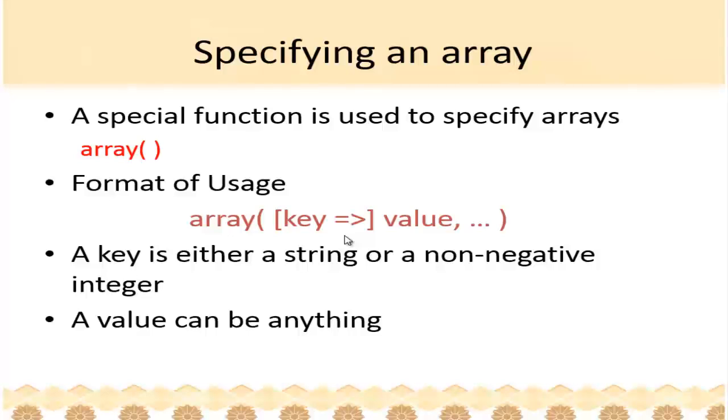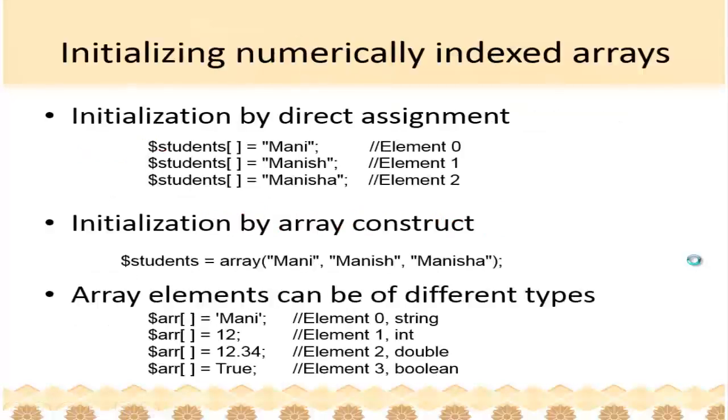So let's look at how to create an array. One of the simplest ways is to call the built-in function called array. Optionally, you can supply a key followed by a value, or you can just put the values separated by commas. The other way of creating an array, unlike other programming languages, is that you just create a variable and supply open and close square brackets without the index.